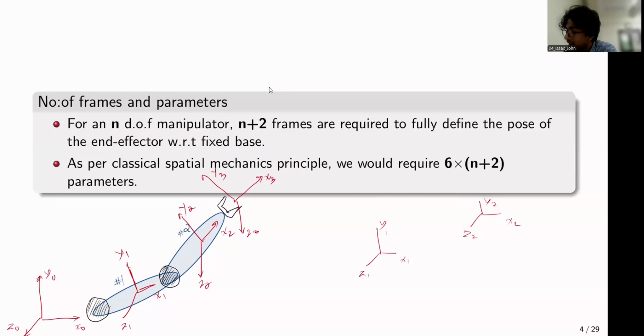But since we have n plus 2 frames, we would need 6 times (n plus 2) parameters to fully define the configuration of a robotic manipulator, right?